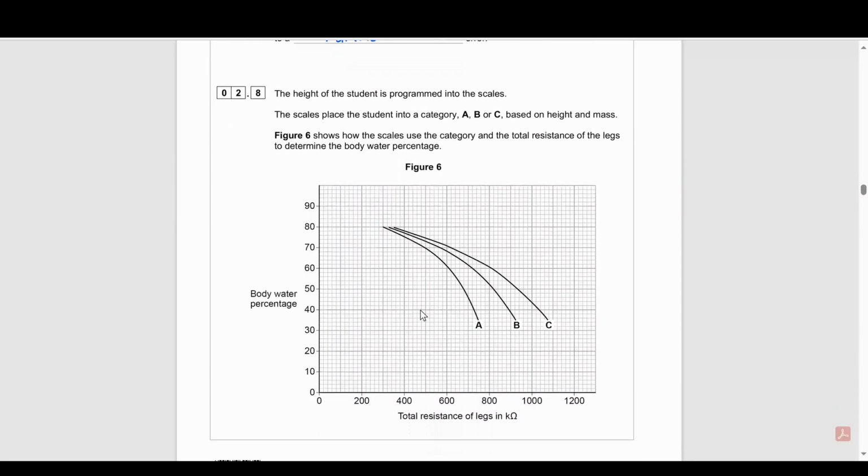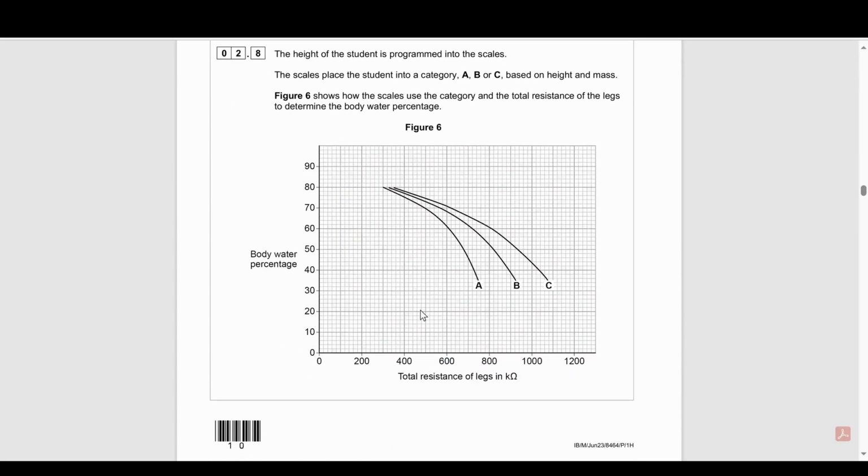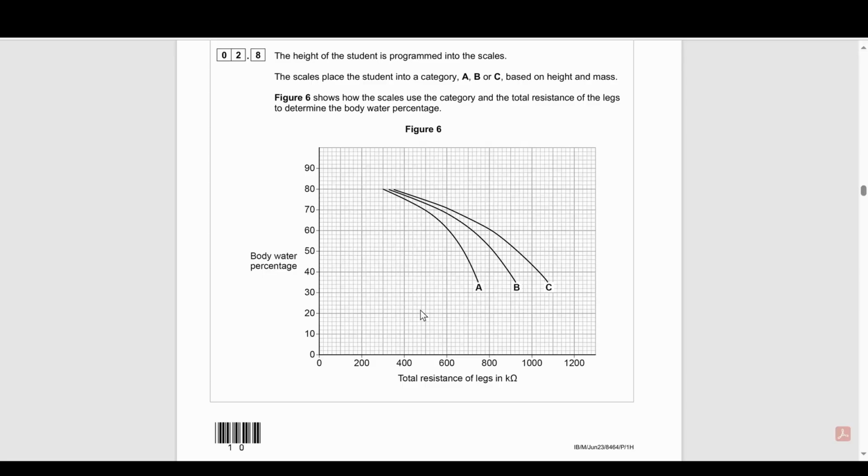2.8. The height of the student is programmed into the scales. The scales place the student into a category A, B, or C based on height and mass. Figure 6 shows how the scales use the category and the total resistance of the legs to determine the body water percentage.